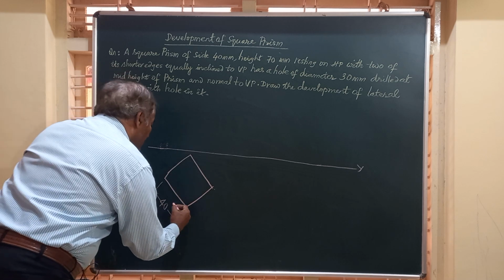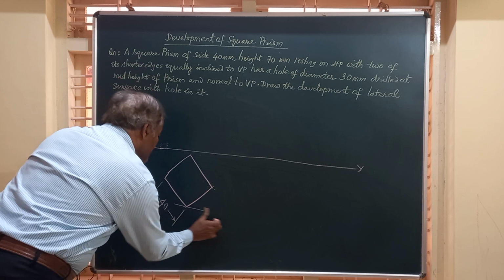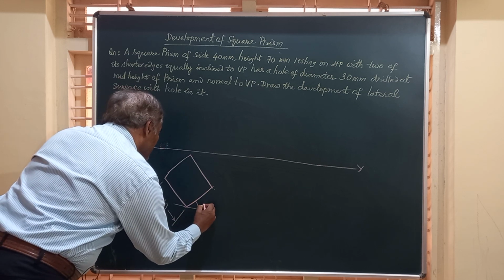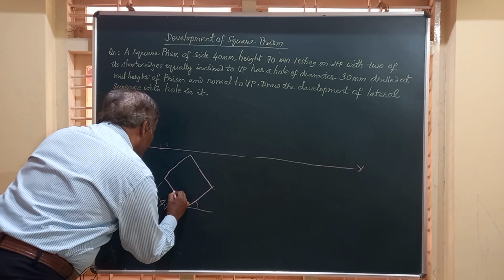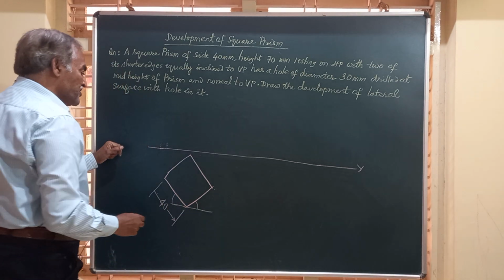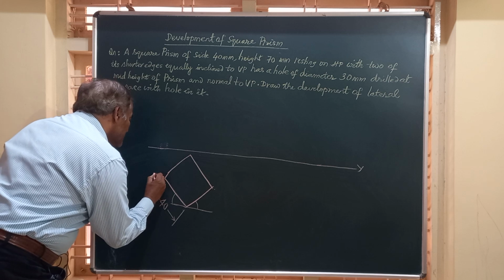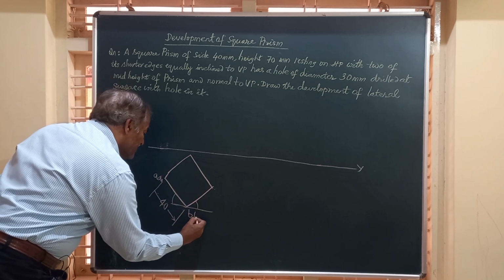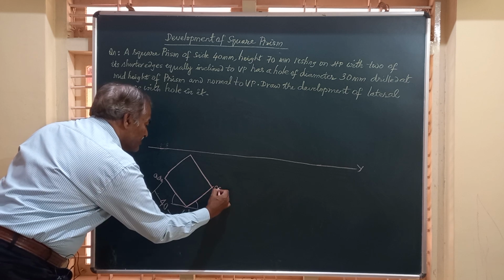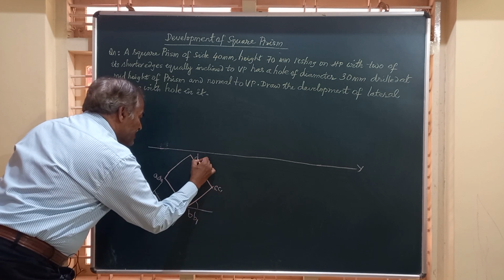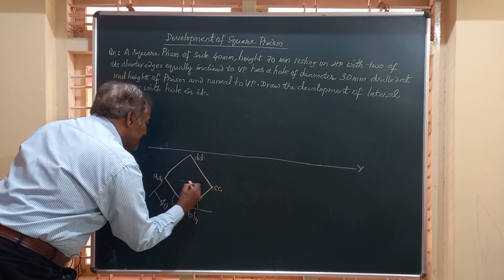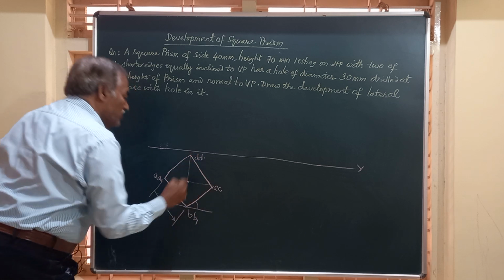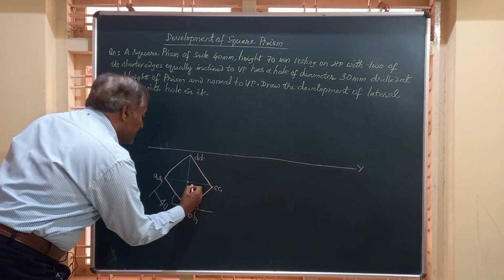All the sides are equally inclined. That is, this is at an angle of 45 degrees to the VP, and also this is at 45 degrees. We'll mark these corners as AA1, BB1, CC1 and DD1. It is a prism. We will locate the center of this and mark it as O, O1.